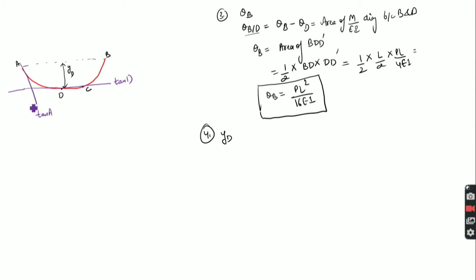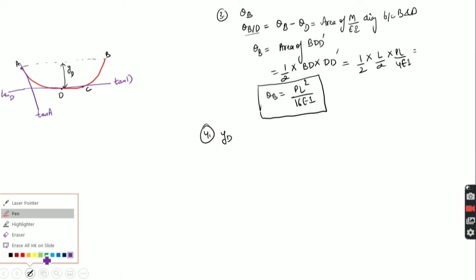Okay. So if I mark this distance here, what is this distance giving me? See, this is point A, and this line is the tangent at D. So what does this distance signify?